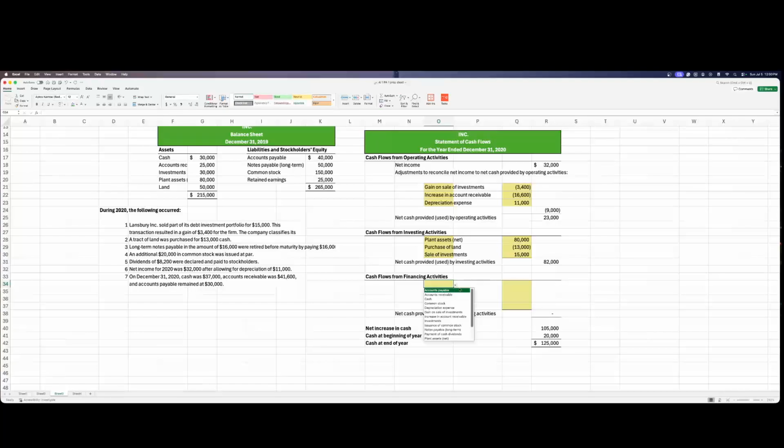Cash flows from financing activities. Long-term notes payable, retirement of those notes. Dividend payments.